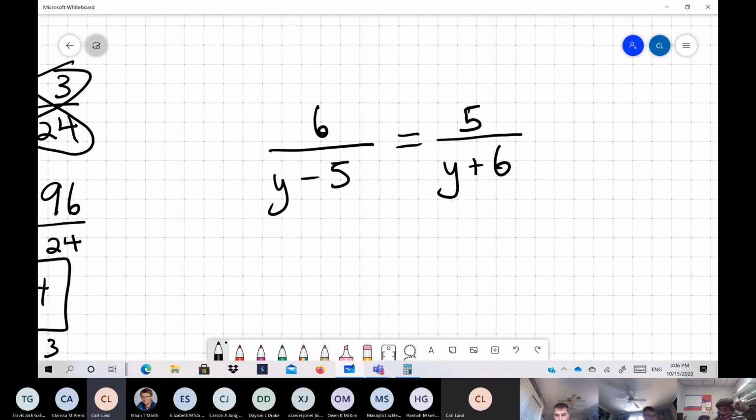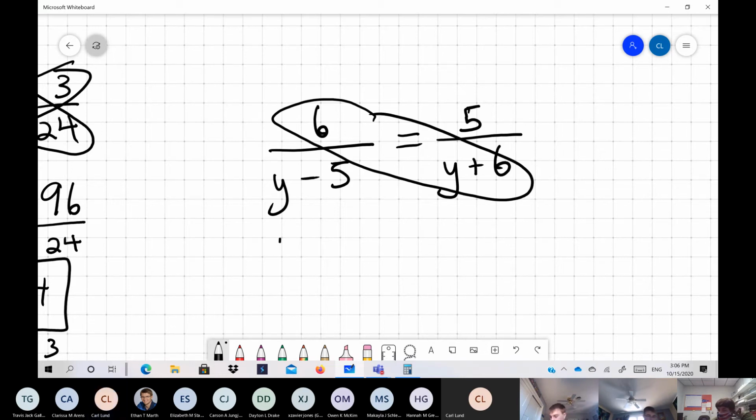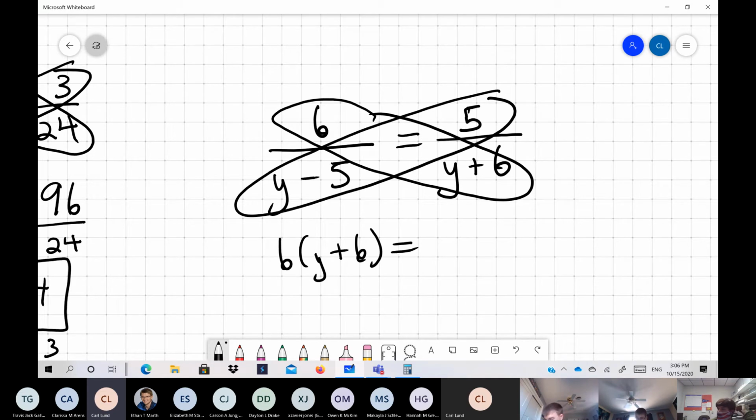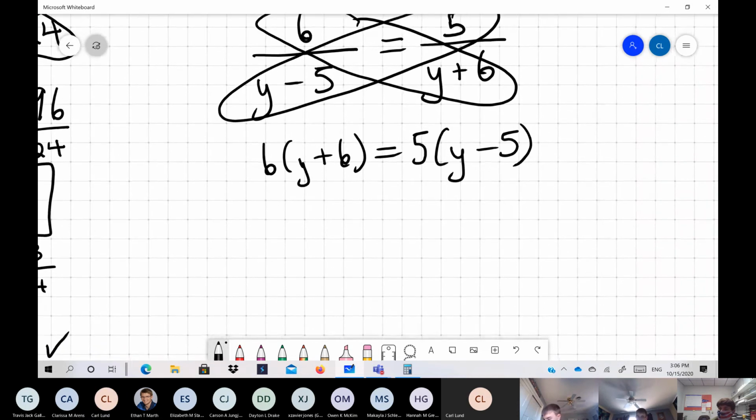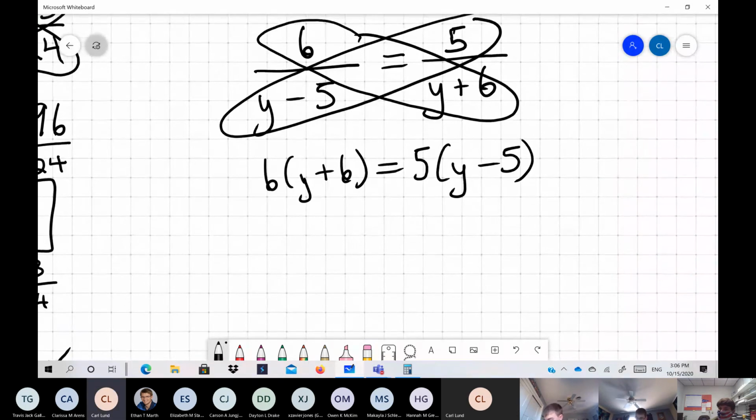It makes your life a lot easier. So we're going to have 6 times y plus 6 equals y minus 5 times 5. Okay, so I've cross multiplied.